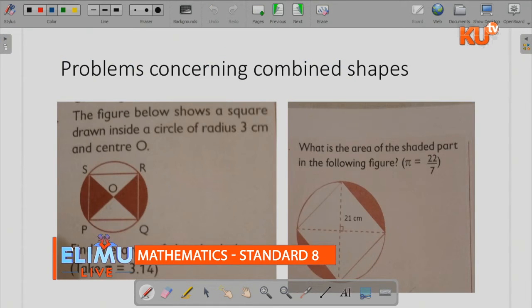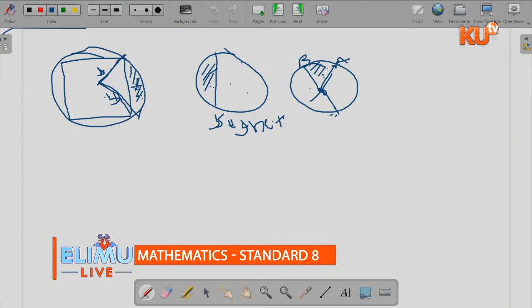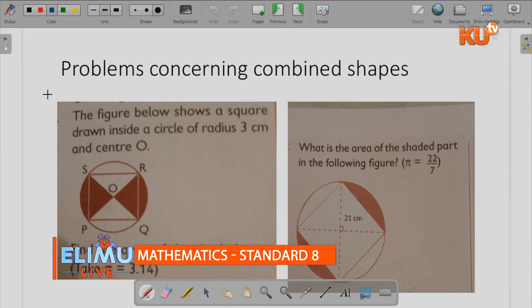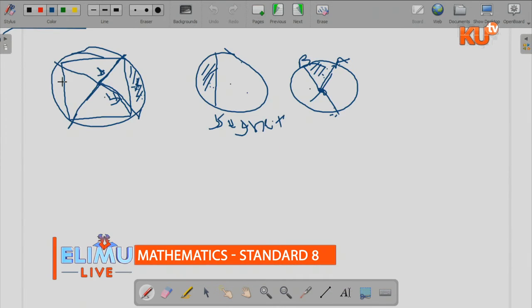Let me take you back to that. You can see they have divided that circle into 4 parts. Now we can also do that. We can bring it this way and we can also bring it this way. Then if you check there, this one is also shaded. But for these people, they decided to shade it up to here, and this one is also shaded up to here.